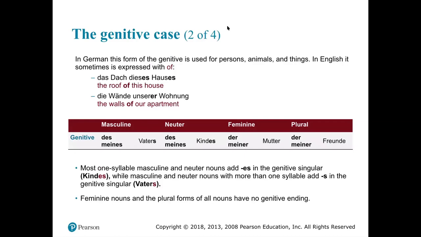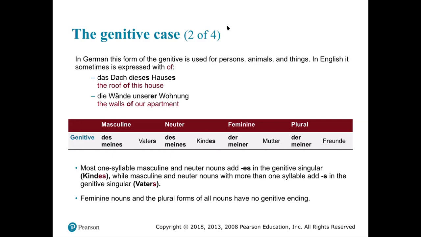And just like all of your other cases, you have to learn what your der word is. So what does der, das, die become? And you have to learn what your ein word is, or your possessive endings are. So masculine, we started off in the nominative with der. We then learned that masculine changes in the accusative into den.